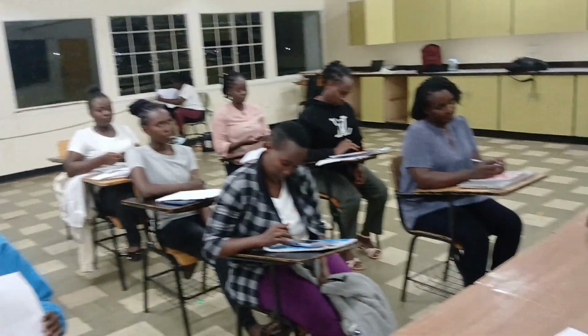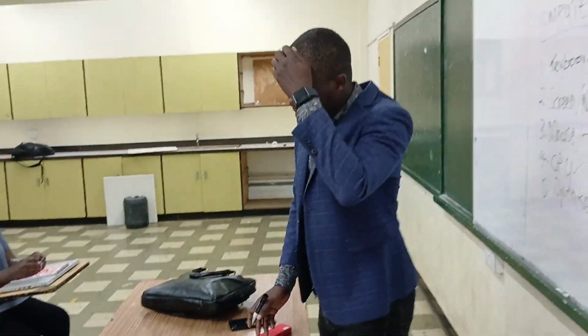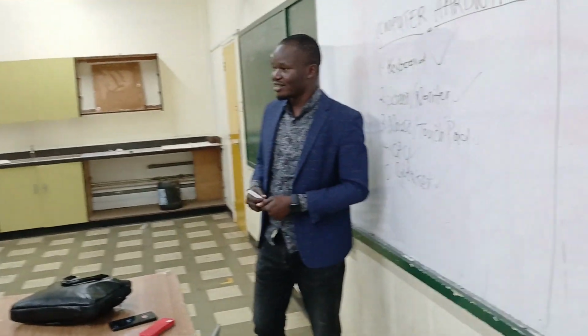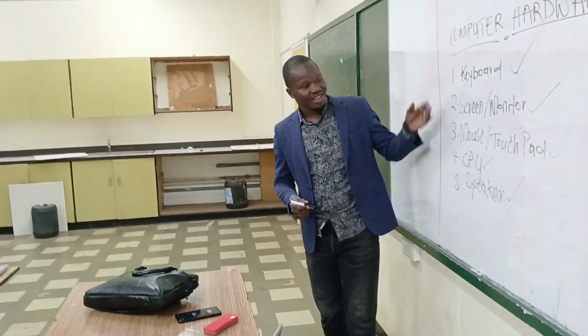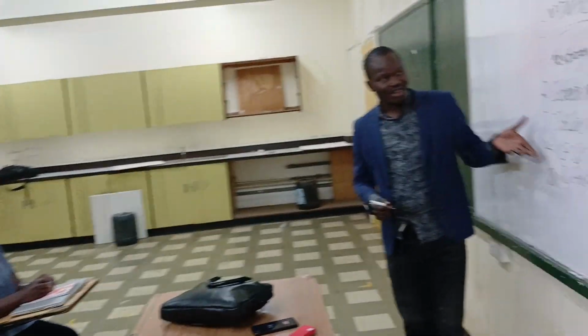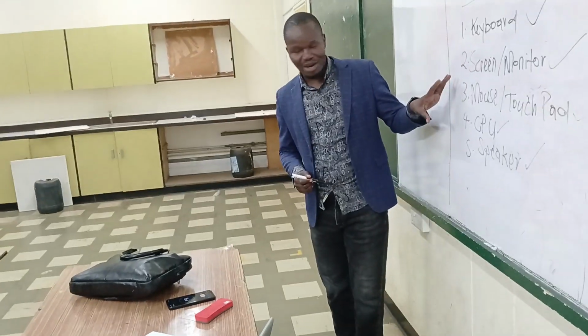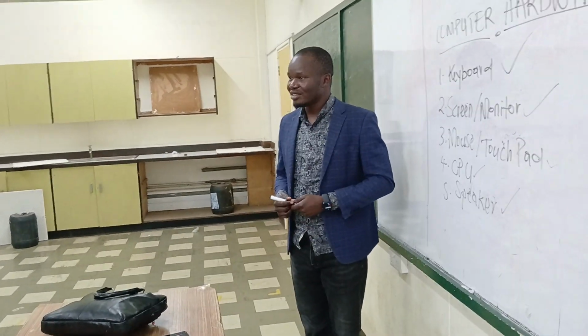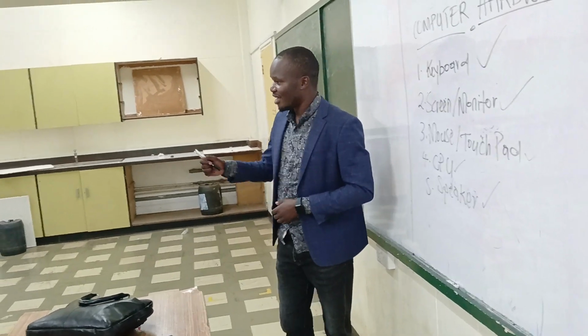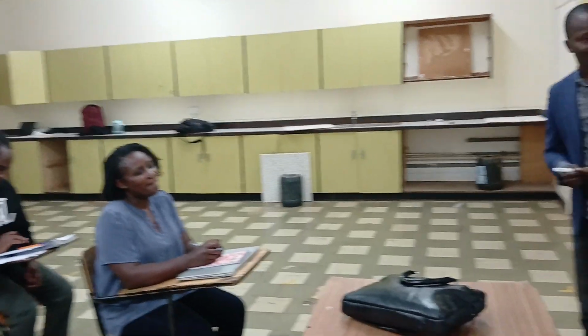So, up to that point, I'm ending my class, and I'm giving you a chance to ask a question about the computer hardware. If you have a question, you can raise your hand. Yes, Steve? What does CPU stand for? Okay.